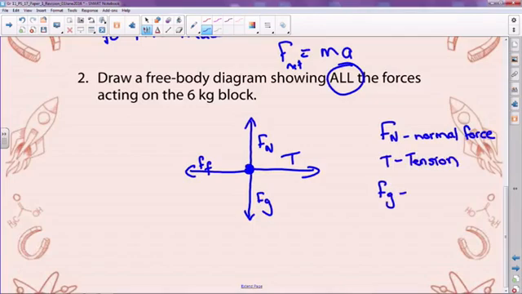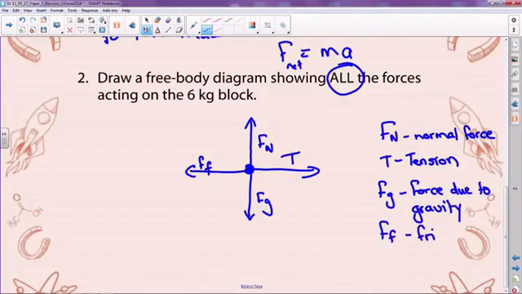This is force due to gravity. And this is my friction. Either write them out properly on your diagram, or draw a little key down the side. Don't just give us symbols and abbreviations.